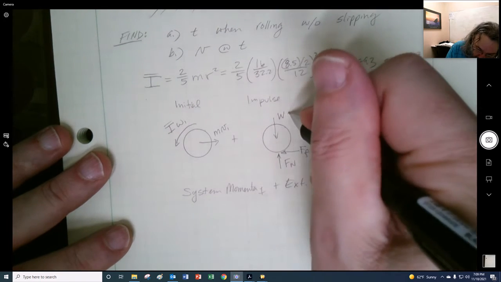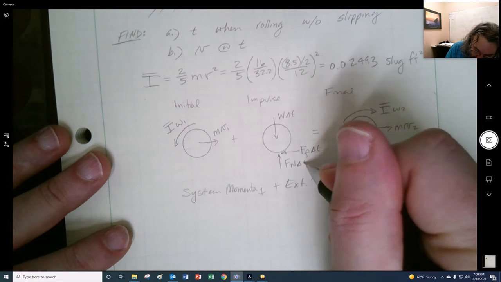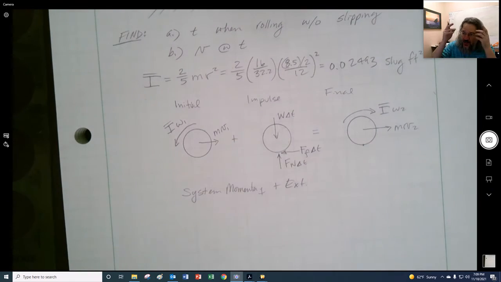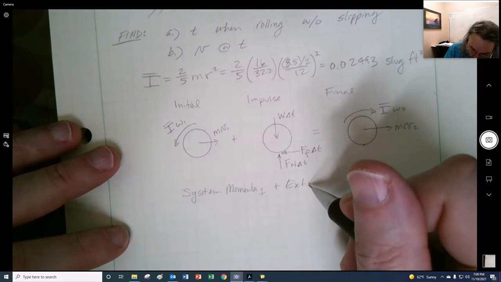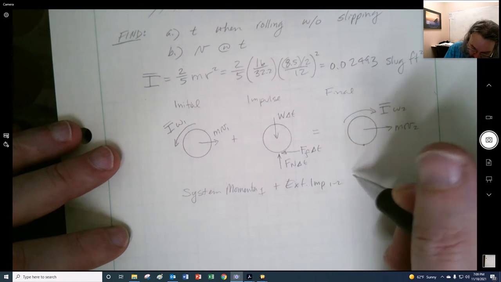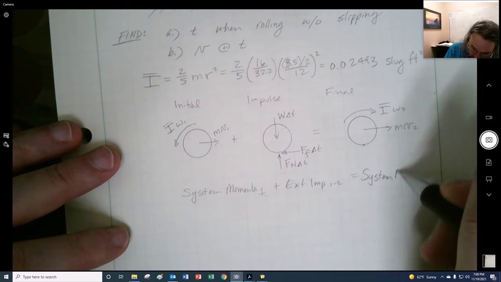And oh, by the way, all these have to be delta t. I forgot, because this is an impulse diagram. It's not an FBD, although it's treated like an FBD. It's an FBD with impulses, right? So we want all the forces that are external onto the thing. External impulses from 1 to 2 are going to be equal to the system momenta 2.